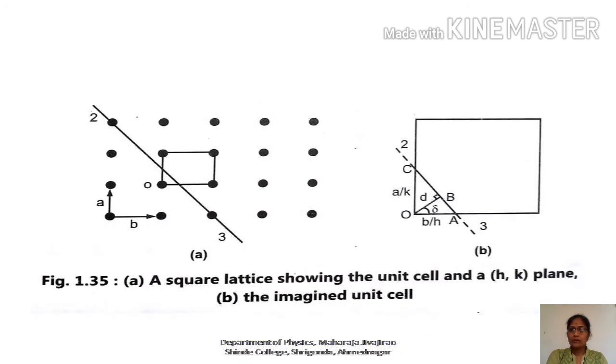Then from this figure, by following the concept of similarity of triangles, that is, triangle ABO and triangle OBC are similar triangles, that is, their shape is the same but their size is not the same.